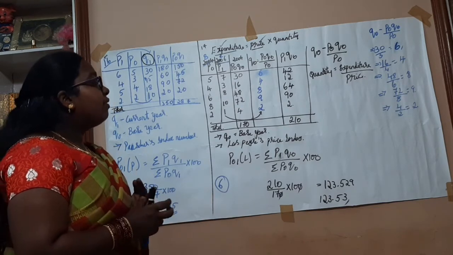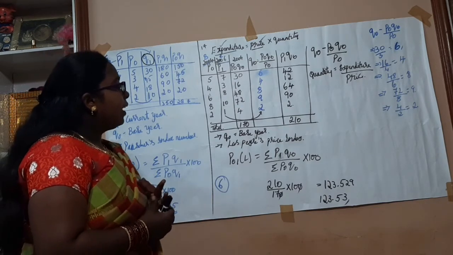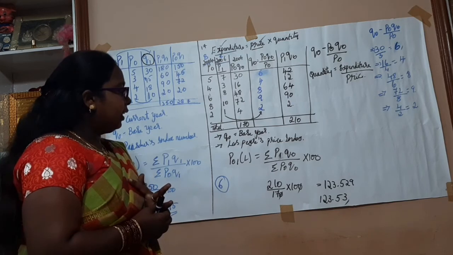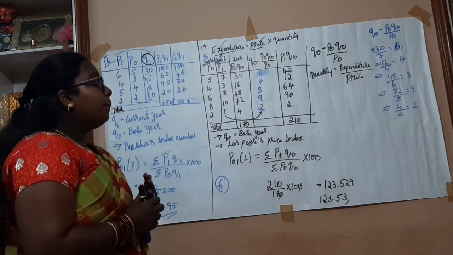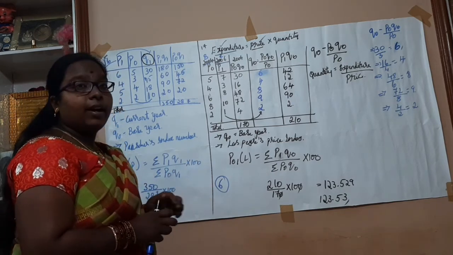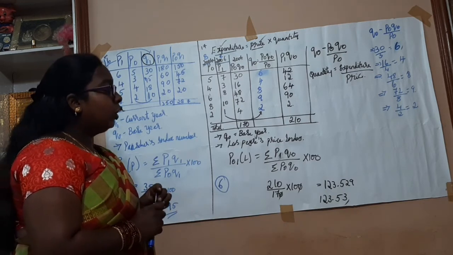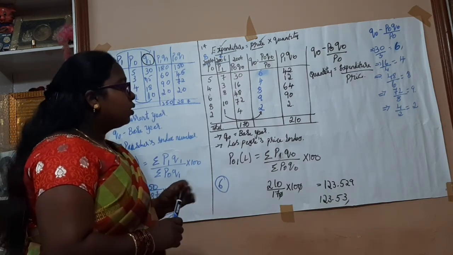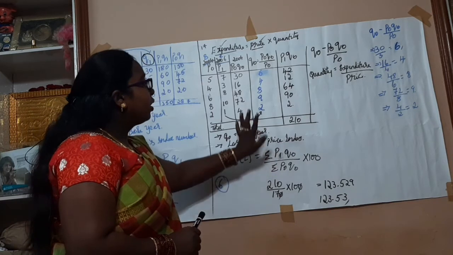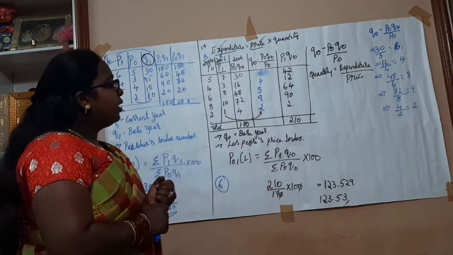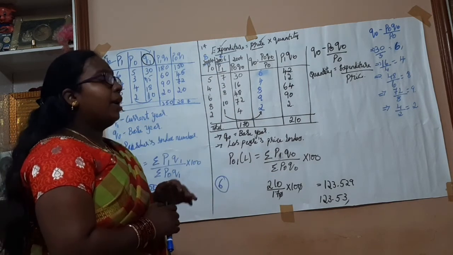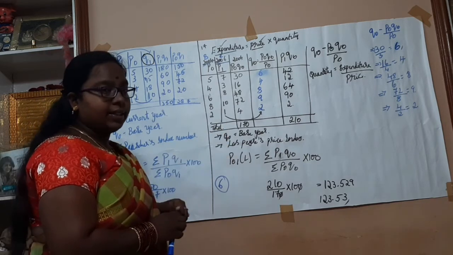Now we need to have sigma, that is, last year's price index is nothing but sigma P1 Q0 divided by sigma P0 Q0 into 100. We need to total it. You will get your base here, P0 Q0, 170.